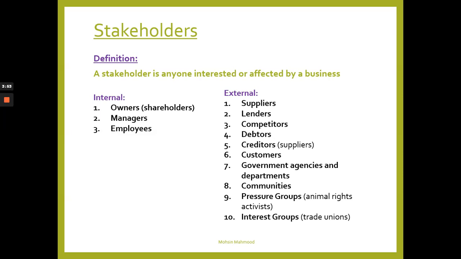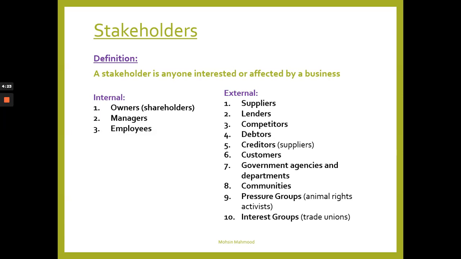We've also got pressure groups. So these are groups that put pressure onto businesses. For example, certain businesses might use animal fur. So certain pressure groups might put pressure on the businesses by protesting outside and making it known to other people that these businesses are misusing animals or harming them in the process of their operations.